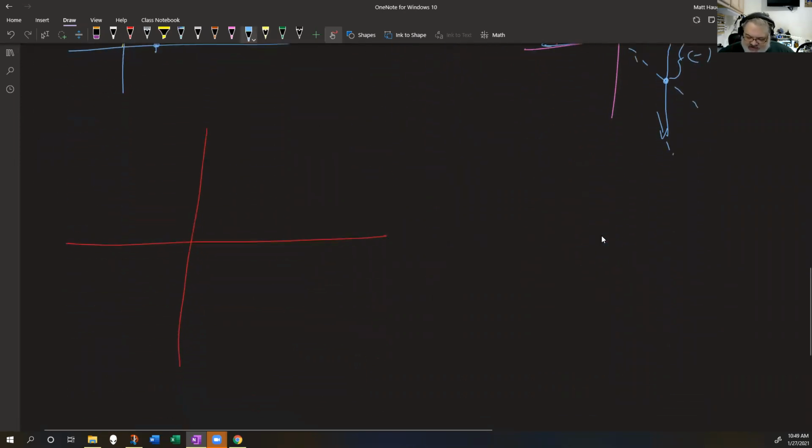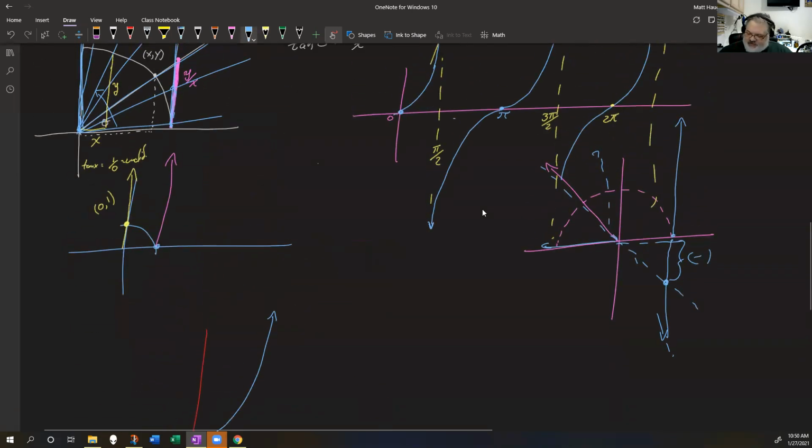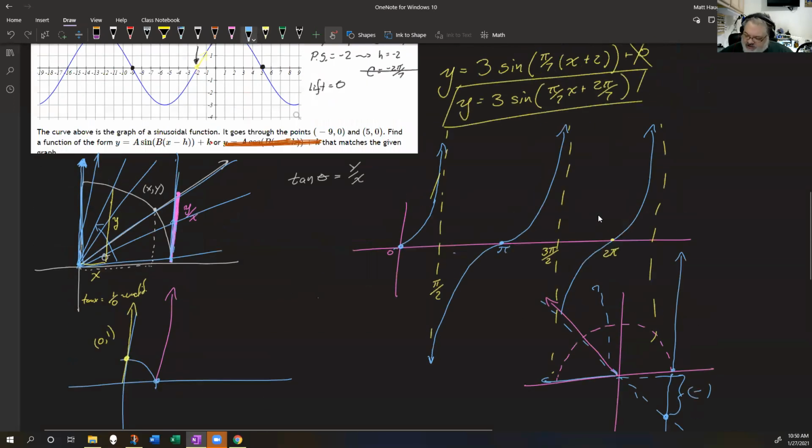We tend to like to graph tangent on both sides of the y-axis, because that one sweep of tangent gives us all of those values. One period of tangent is one of these sweeps. Sweeps isn't a technical term, by the way, but one of those curves between two asymptotes is the repeated period of tangent.